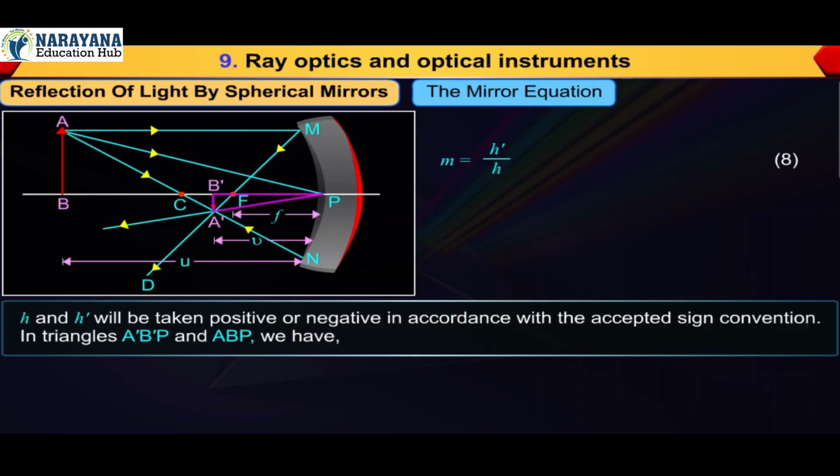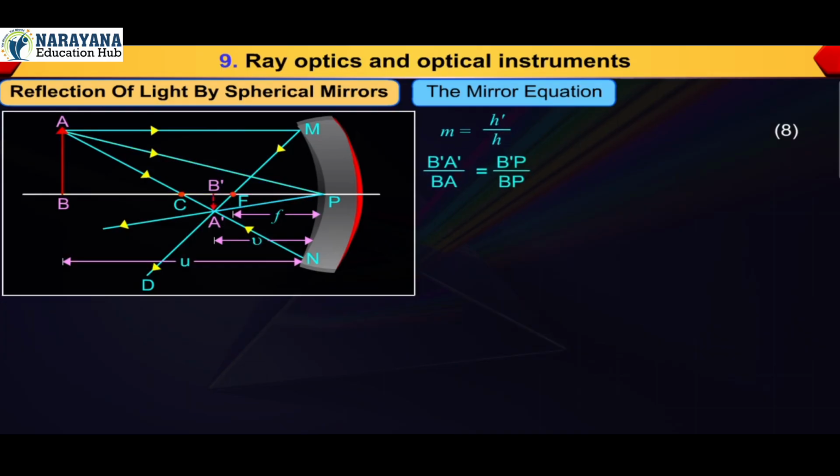In triangles A'B'P and ABP, we have B'A' upon BA is equal to B'P upon BP, minus h' upon h is equal to minus v upon minus u, so that m is equal to h' upon h is equal to minus v upon u.